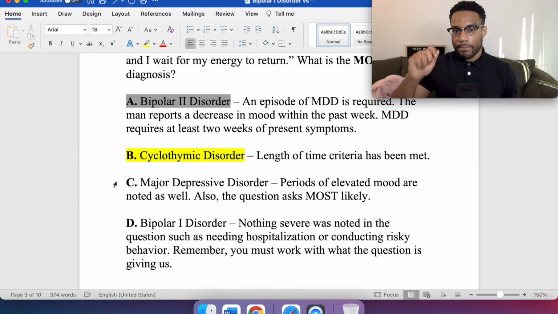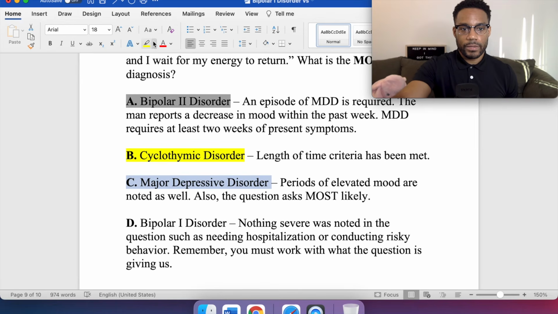So that extra bit that's in there where they're speaking of the periods of elevated mood, we don't want to discount that. So the most likely diagnosis would be cyclothymic disorder. So we want to take this one out.